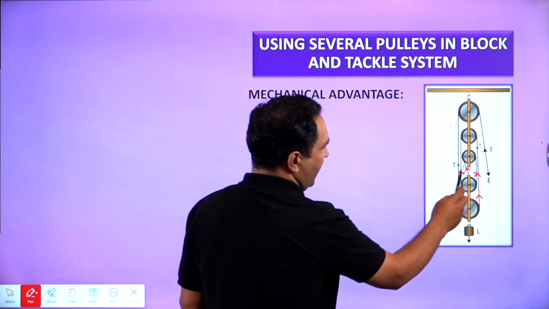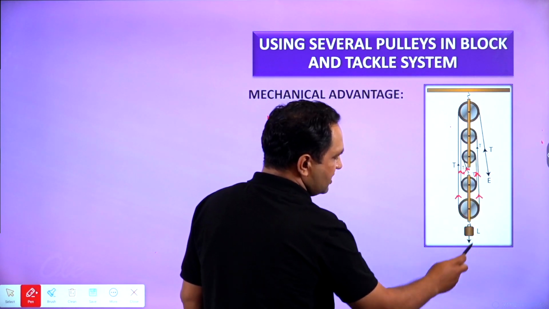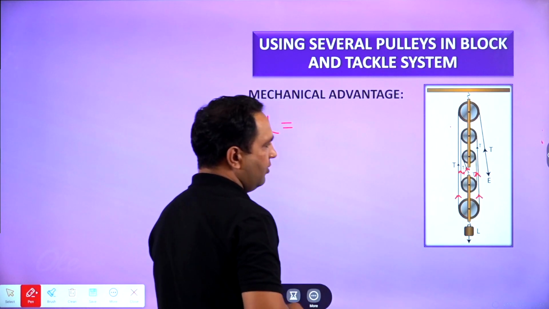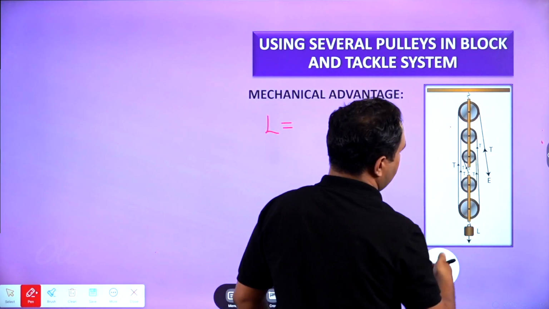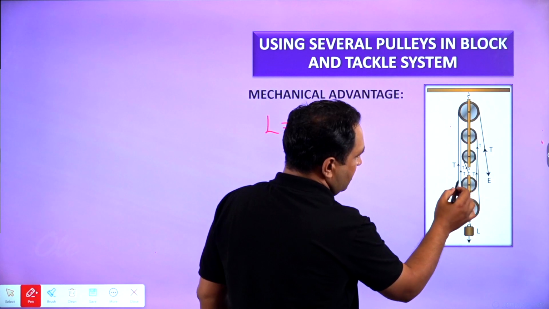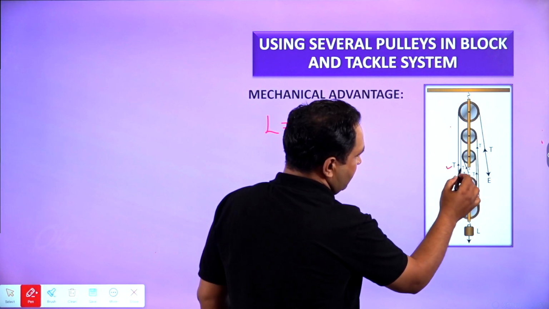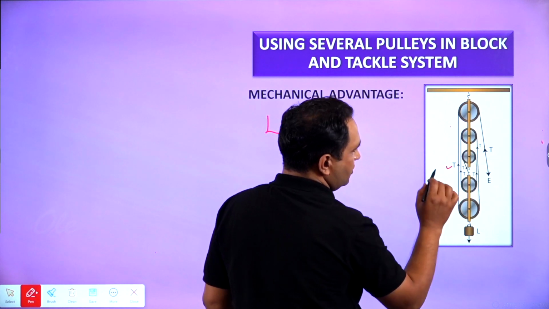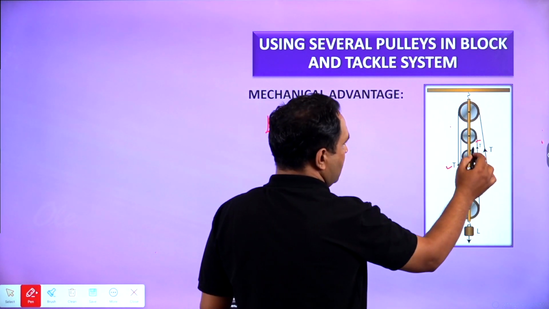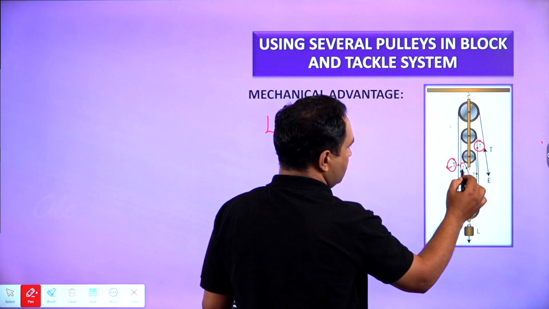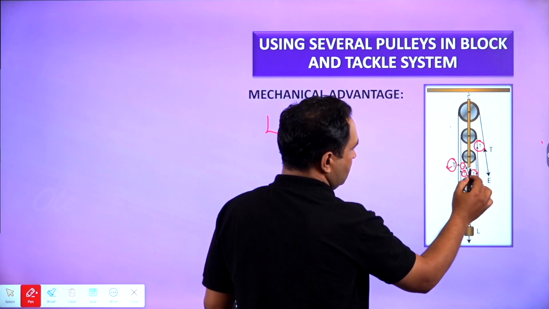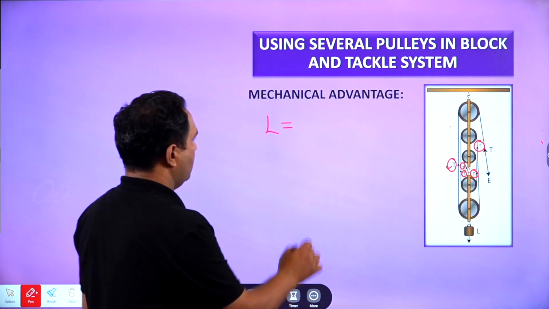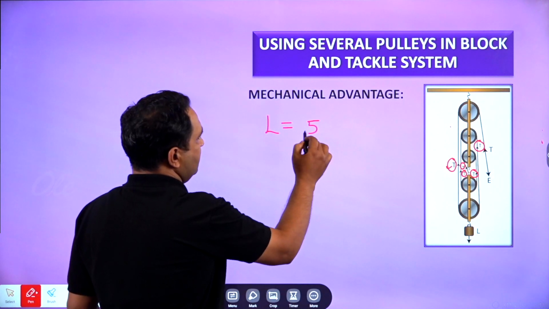So a total of 5 tension forces are working against this load. As you can see here, a total of 5 tensions. Tension number 1, tension number 2, 3, 4 and 5. So a total of 5 tension forces are working. Right? So the load is equal to 5T.